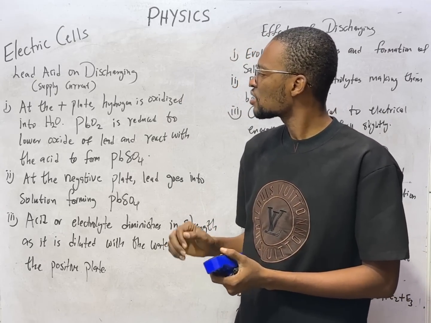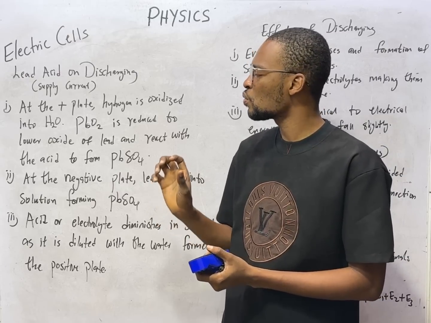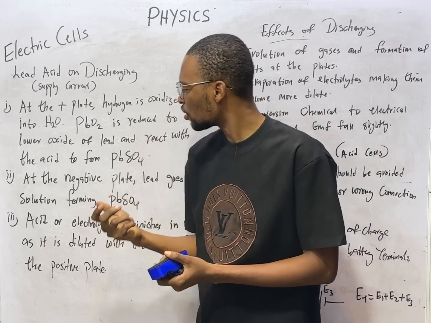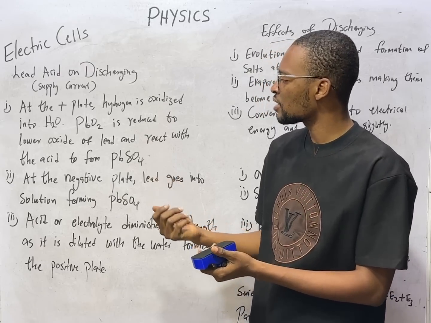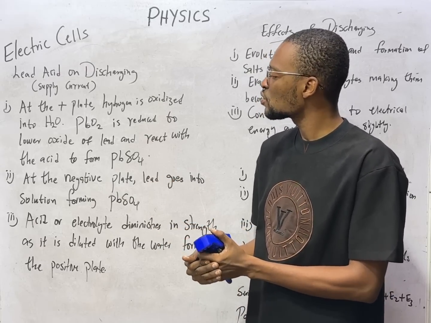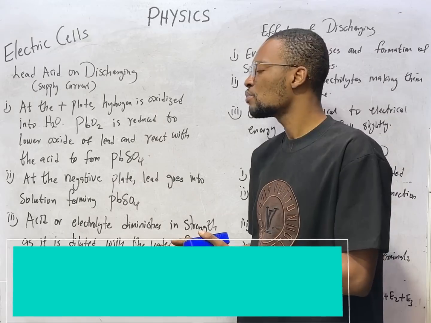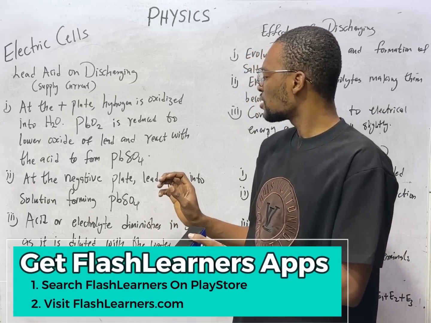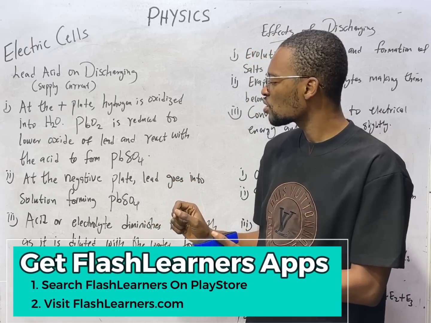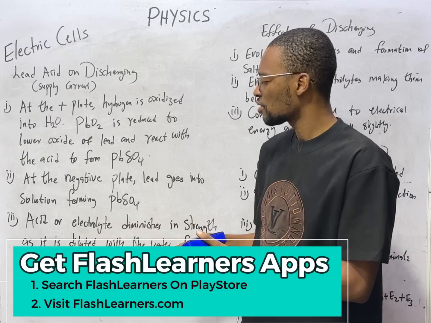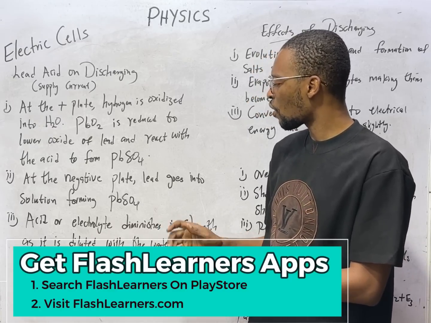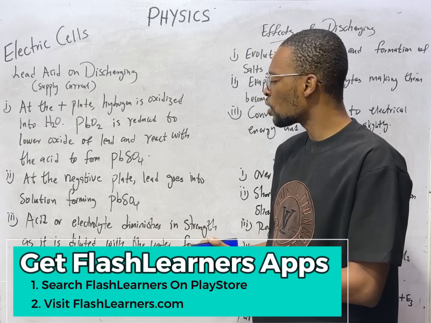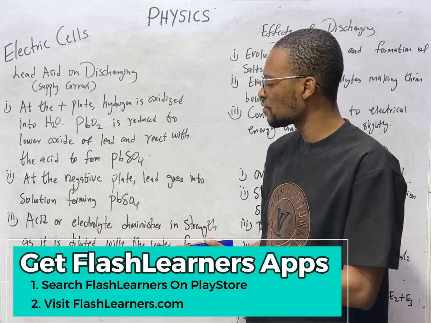At the positive plate, hydrogen is oxidized into water, and the lead oxide is reduced to the lower oxide of lead, and this lower oxide of lead will react with acid to form lead sulfate, PbSO4. Now, at the negative plate, the lead goes into solution to form lead sulfate. The acid or electrolyte diminishes in strength as it is diluted with the water formed at the positive plate.